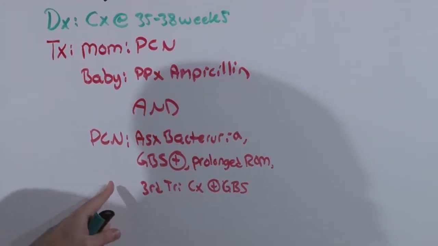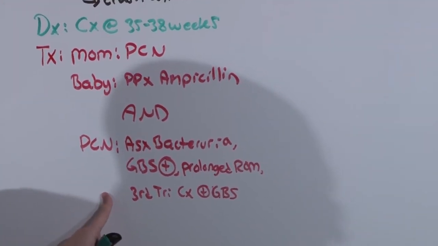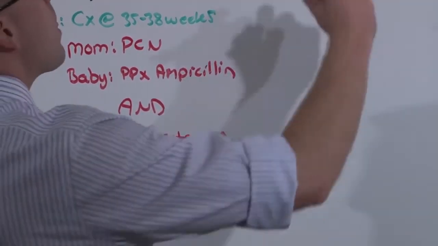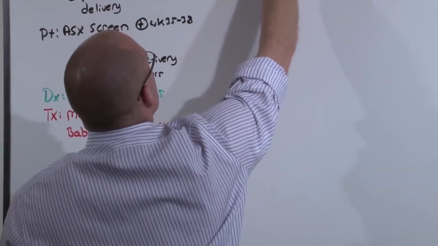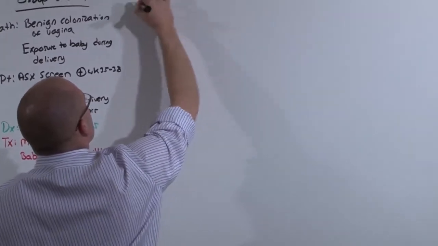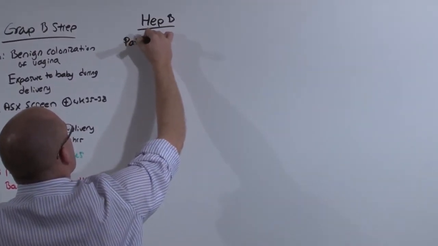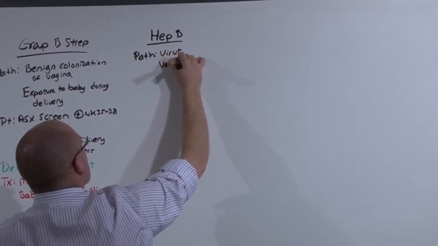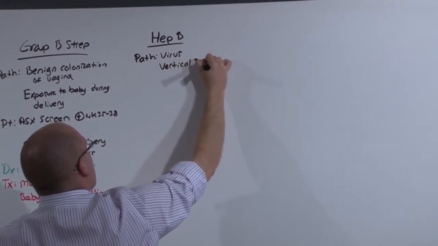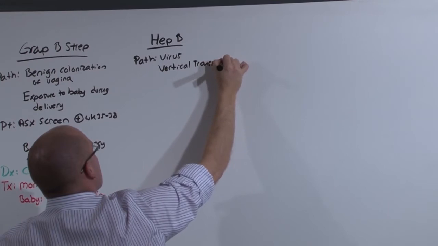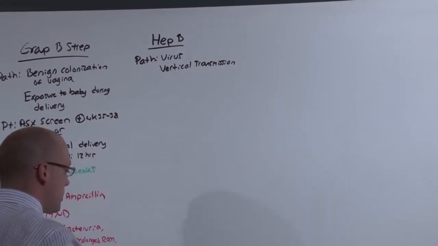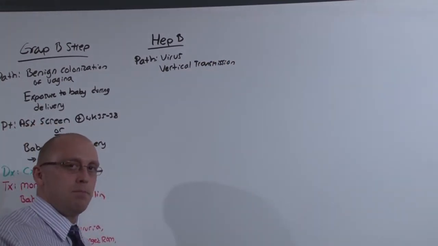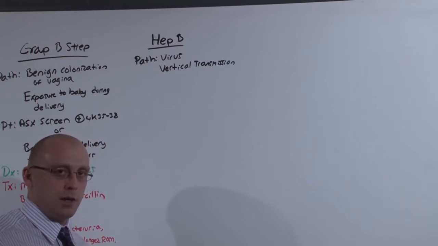Let's now move on to the next disease, hepatitis B. Hep B is a virus. It is a virus that is usually transmitted vertically. And the idea is that hepatitis B can be both acute and chronic.